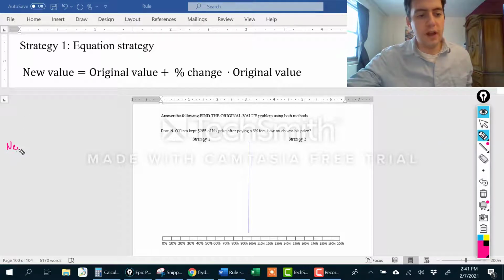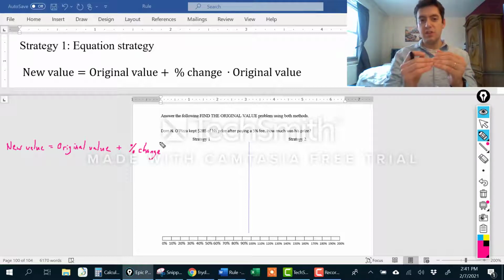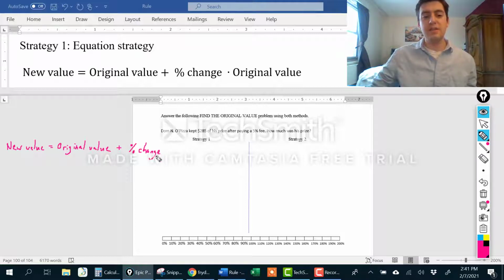The new value is equal to the original value plus the percent of change. And you have to keep in mind, if the percent of change is positive, if something is going up, then you'll put a positive number here.